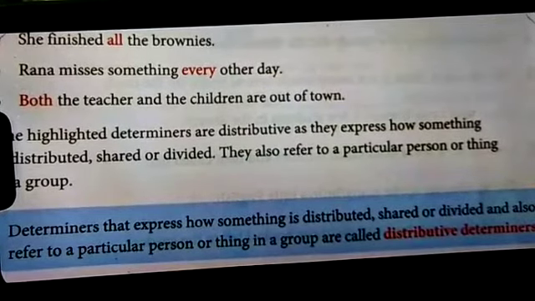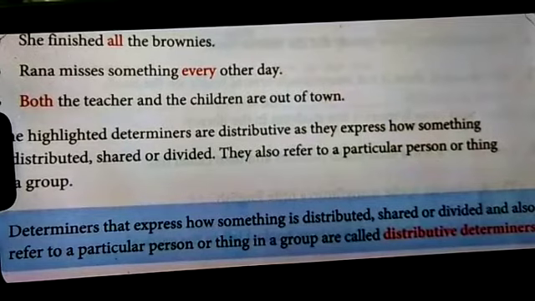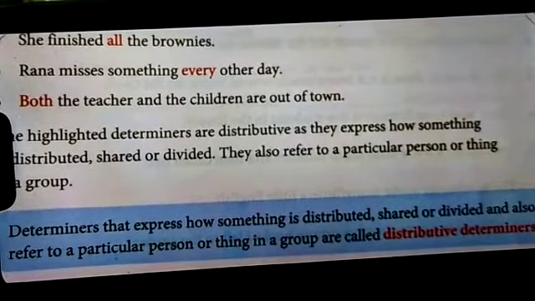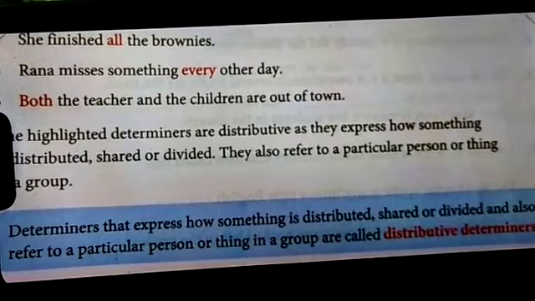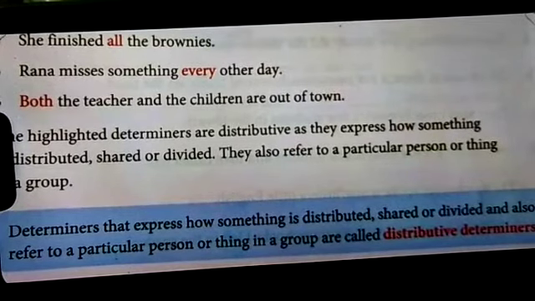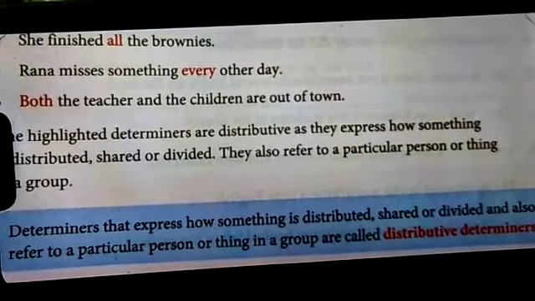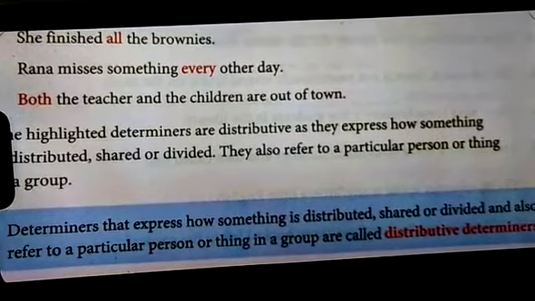Next, we shall see the distributive determiners. Determiners that express how something is distributed, shared or divided, and also refer to a particular person or thing in a group are called distributive determiners. When you see the examples, you will get an idea. She finished all the brownies. All is the distributive determiner.